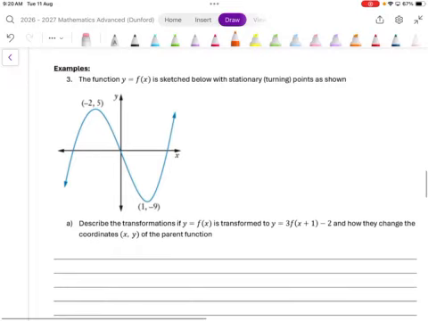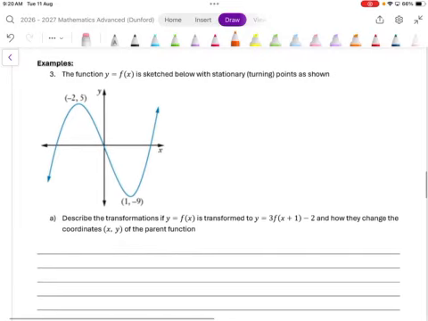So we have the function y equals f of x sketched below with stationary turning points as shown. We're going to describe the transformations if f of x is transformed to y equals 3 f of x plus 1 minus 2. So the one thing that we need to remember is that we are dealing with y equals k f of a of x plus b plus c.